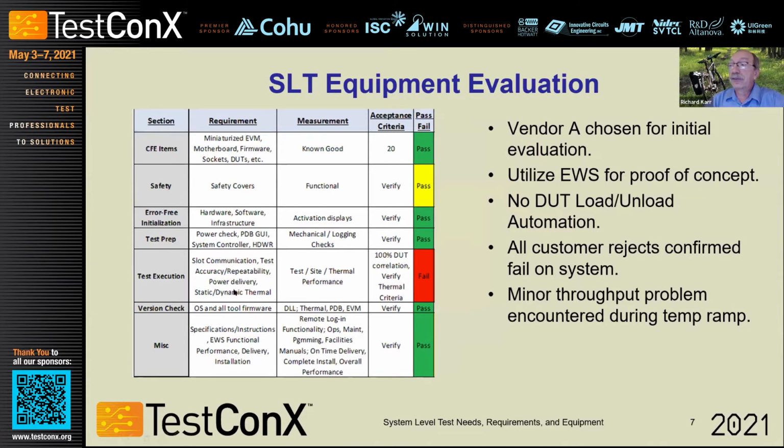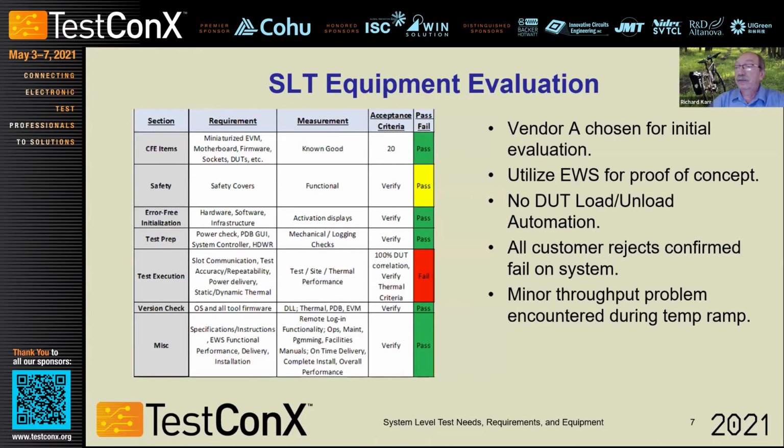The results of all this evaluation was that the equipment met most of our requirements, and most importantly, it identified all the good and bad devices under test correctly. And we did that using a multi-site configuration in a multi-temp single insertion.